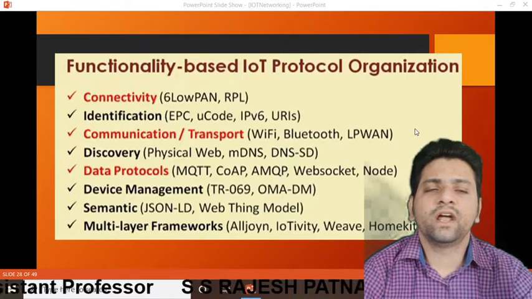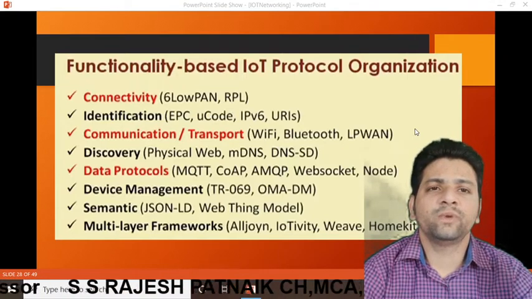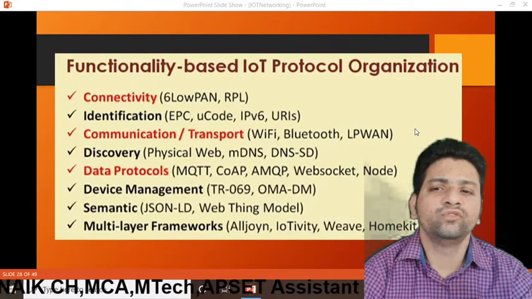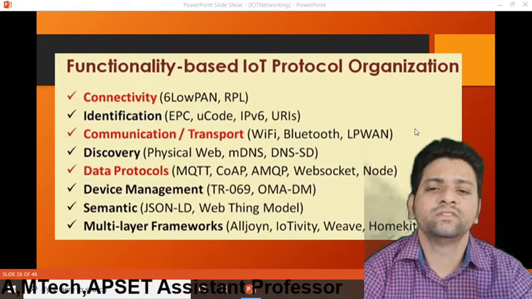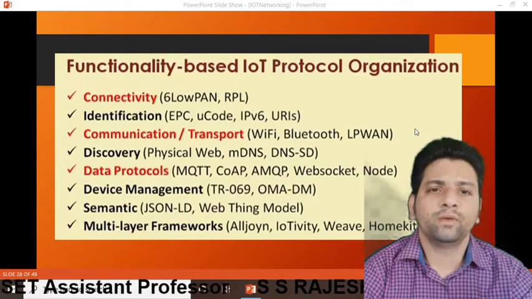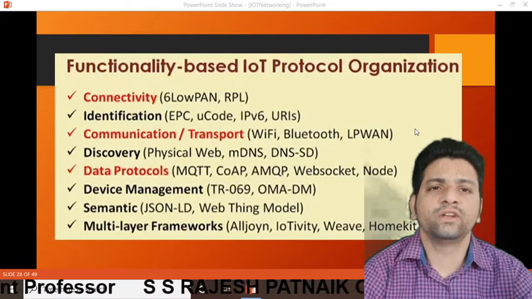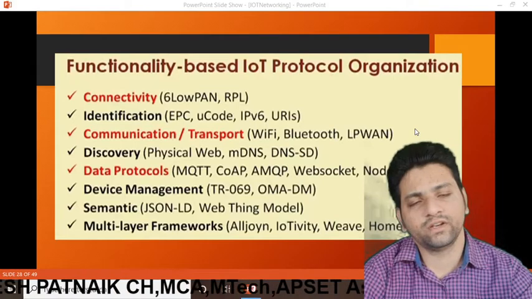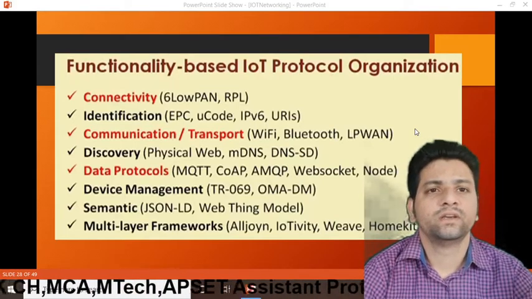And there are device management protocols. These device management protocols are used to manage the devices, that may be a mobile device or any IoT device. How to manage these particular devices in a network is also very important.